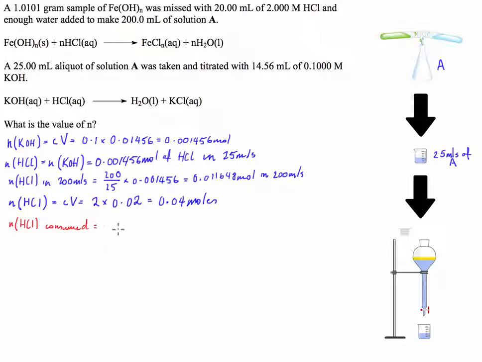And that's just going to be the number of moles to start with, subtract the number of moles that we end up with. And that's going to be equal to 0.028352. Cool.